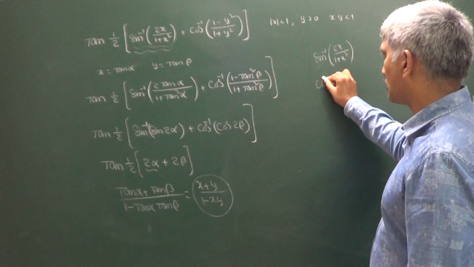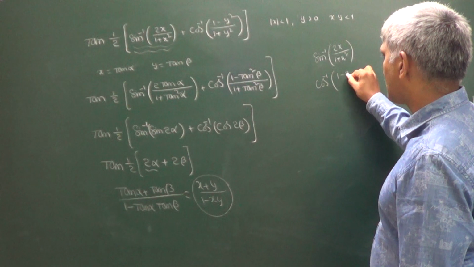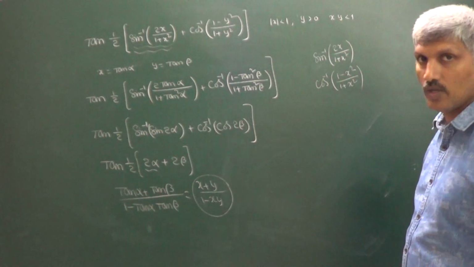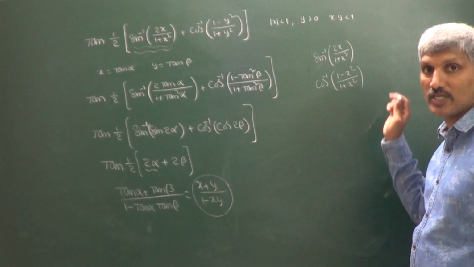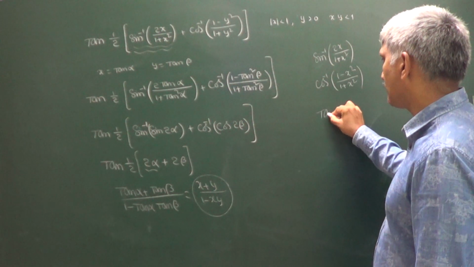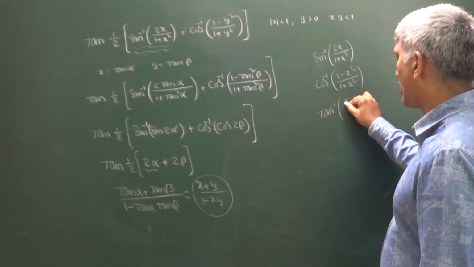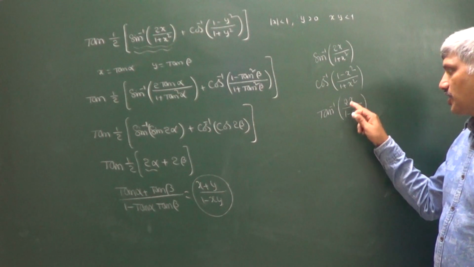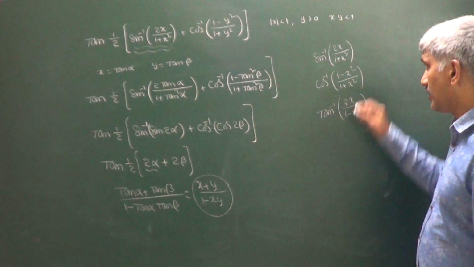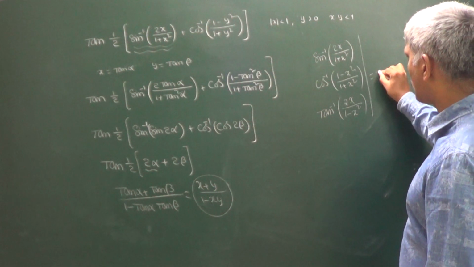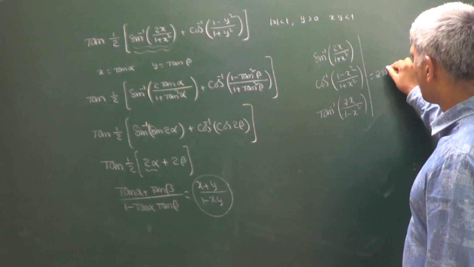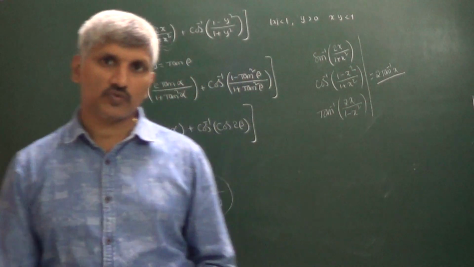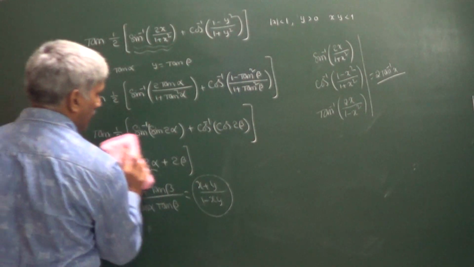Next, cos inverse of 1 minus x square divided by 1 plus x square is 1 minus tan square theta by 1 plus tan square theta. At the same time, tan inverse of 2x by 1 minus x square is 2 tan theta by 1 minus tan square theta. In all these cases, we can write this as 2 times tan inverse x, under the conditions that have to be satisfied in case of principal value branches.